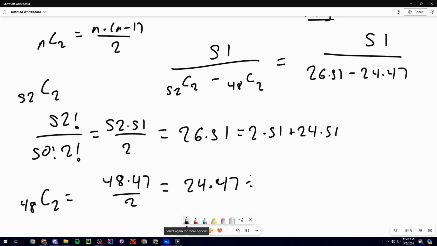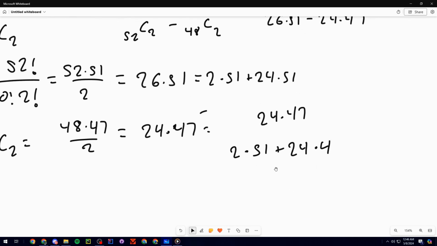So the reason I did that is because you have 24 times 47 and you're subtracting it, right? So when you're subtracting these, you're doing 2 times 51 plus 51 of something minus 47 of something, which is just that something times 4.